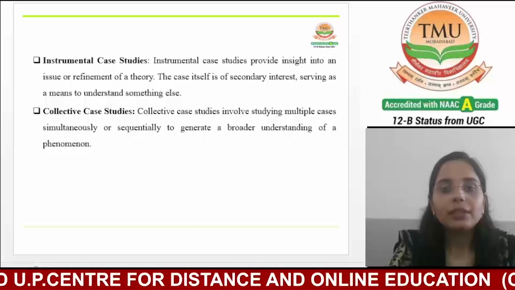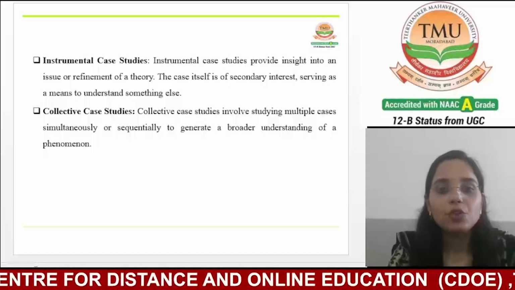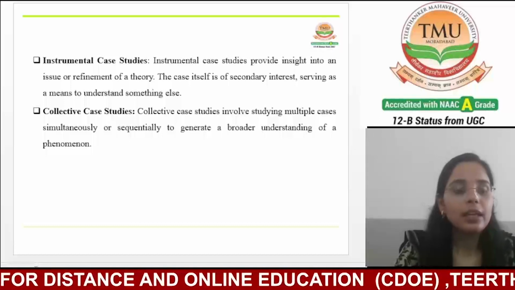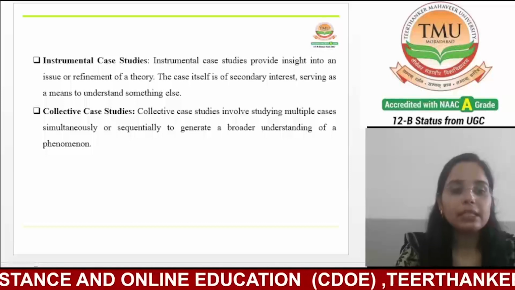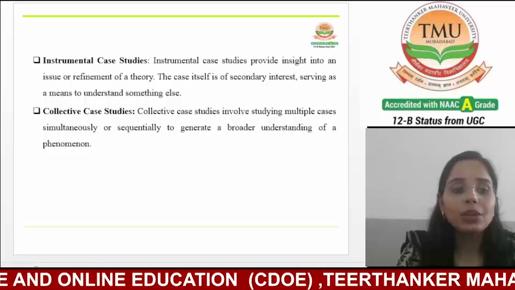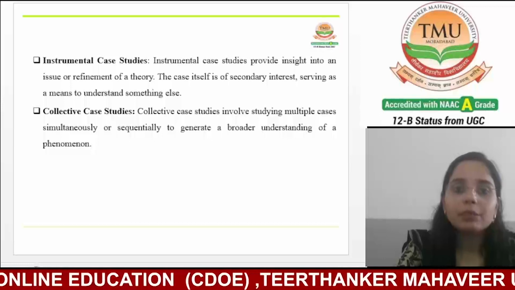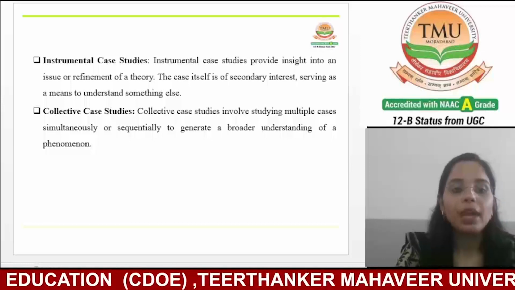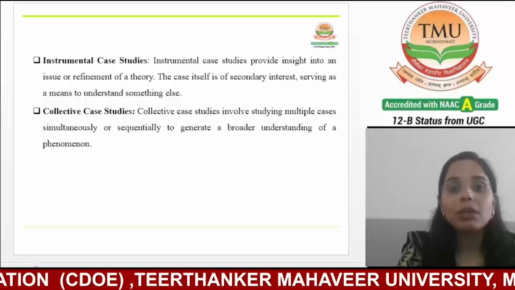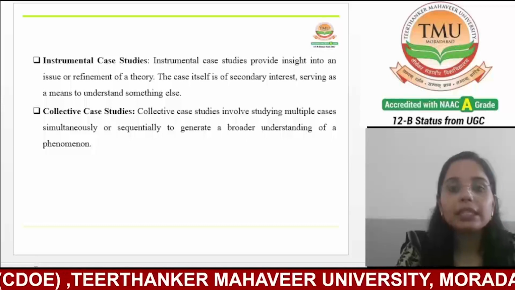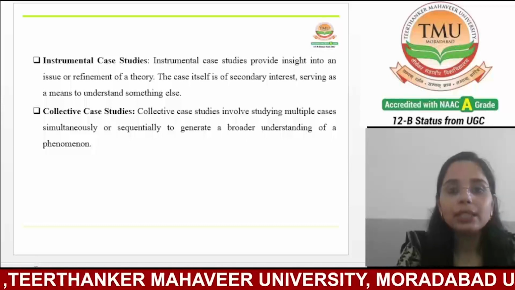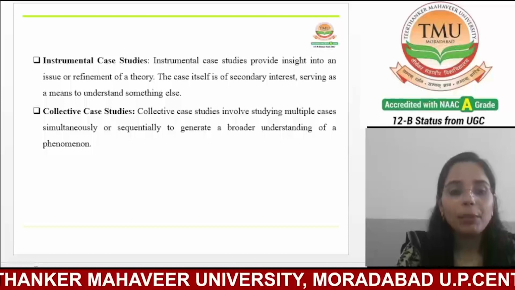In other words, an instrumental case study is like using a tool to achieve a specific goal. It focuses on a particular case to gain insight into a larger issue or phenomenon.